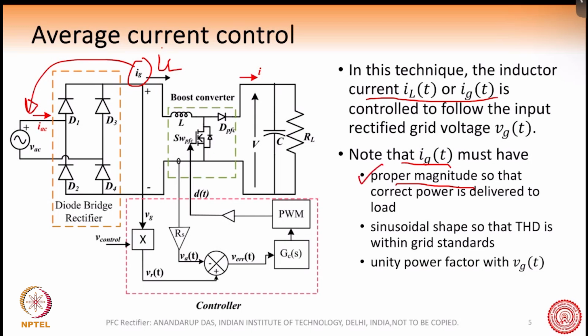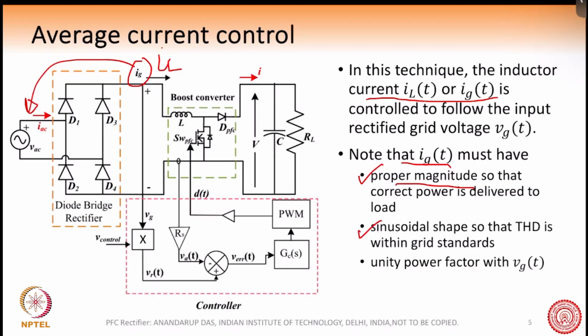So this is number one. Number two is that this current should be sinusoidal in shape, because our voltage is sinusoidal, and if it is sinusoidal, then our THD will be low.